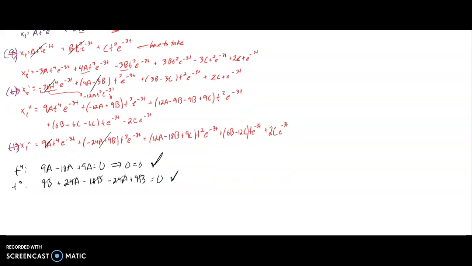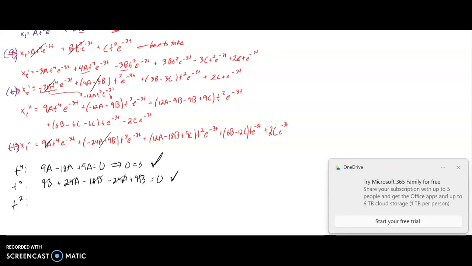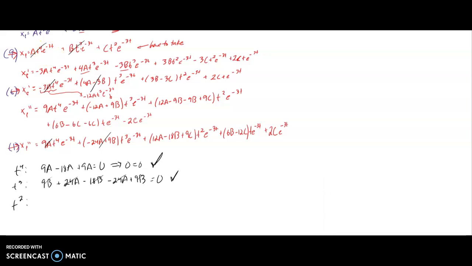All right, let's do the t squared term. T squared. All right, so I'm going to take 9 times the 9c. That's this one. And then I'm going to take plus 6 times 3 is 18b. And then minus 18c, that's this.